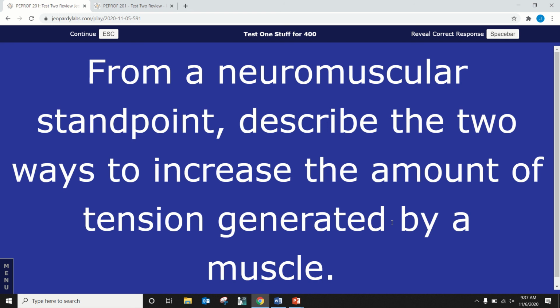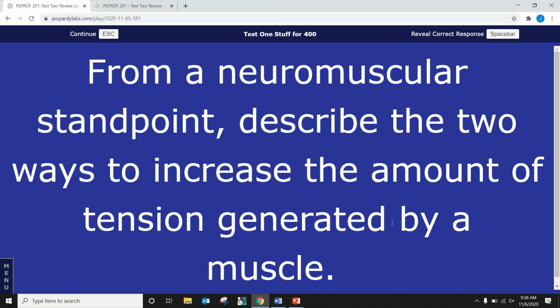Remember that motor unit recruitment, or backing up a step, remember that a motor unit is an alpha motor neuron, whose little neuron body is in the spinal cord, and that axon runs out to the muscle fibers. We'll be talking about the biceps, flexor. That alpha motor neuron and all the fibers that it innervates.